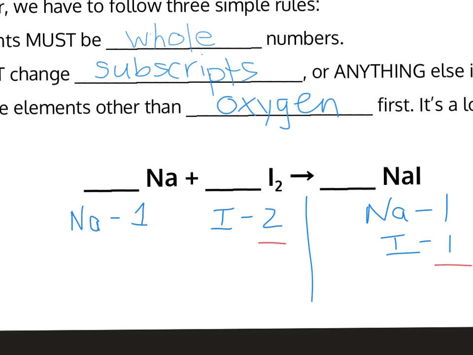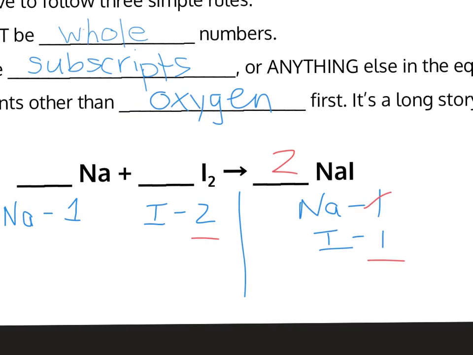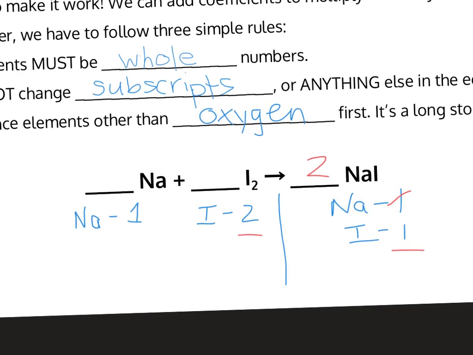So in order to change that, the only thing we can do is change coefficients, so I can only multiply. So I'm going to put a 2 out front. That changes my sodium, and that changes my iodine. So sodium goes to 2, and the iodine goes to 2.